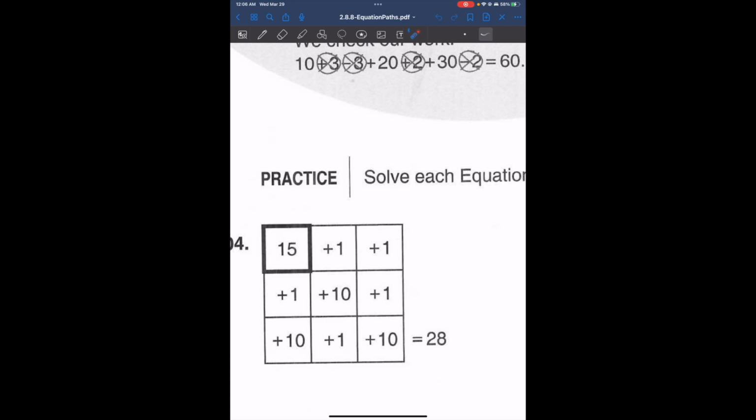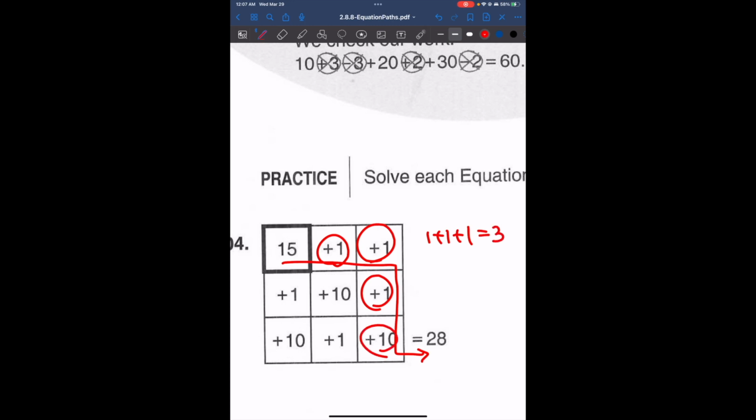Right away I can see a path here. I'll show you what the path would be. If we go this way, we add 1, and add 1. So 1 plus 1 plus 1 is 3.